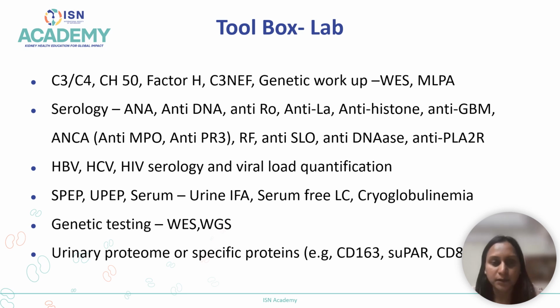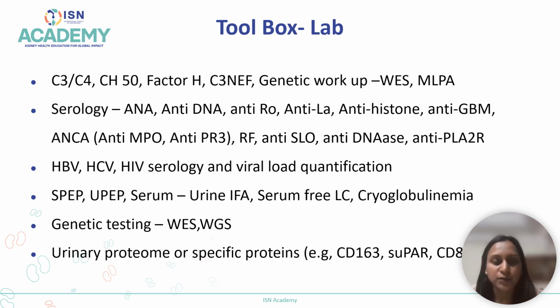If the differential diagnosis is pointing towards viral associated etiology, you're going to ask for hepatitis B, hepatitis C, and HIV serology. And if any of these turns out to be positive, you're going to ask for viral load quantification.